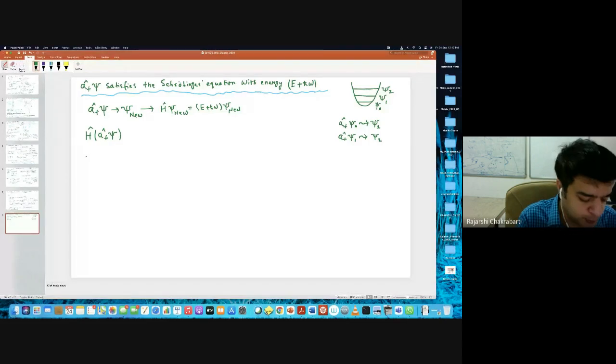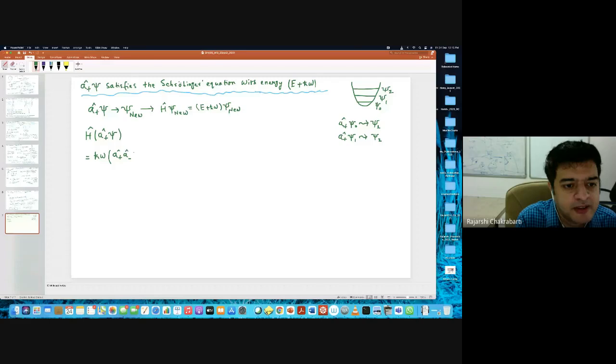Now this is equal to, let me do it. You remember the expression for H, H cross omega times A plus A minus plus half. I multiply A plus from the right hand side, because I can include it in the bracket.